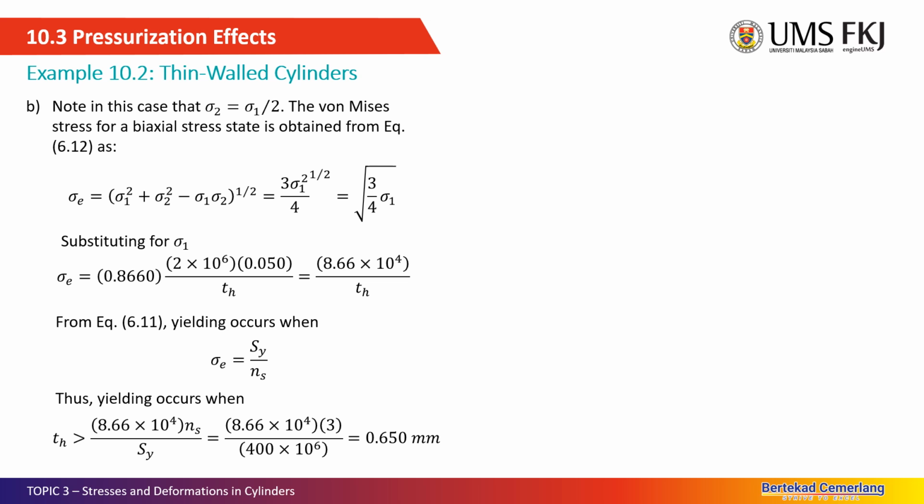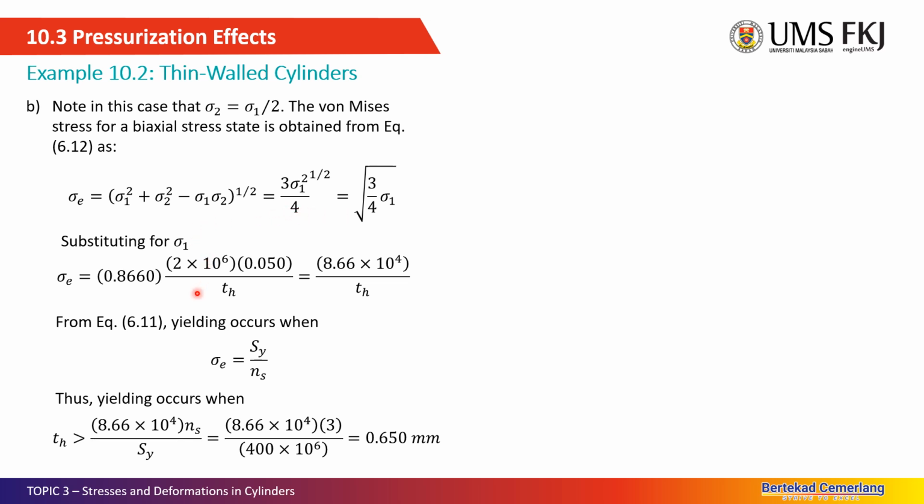While for the von Mises stress, note that in this case we know that the second stress is equivalent to stress 1 divided by 2. The equivalent stress for the biaxial stress state we can obtain from equation 6.1 as sigma E equivalent to this equation, and we substitute with sigma 1.